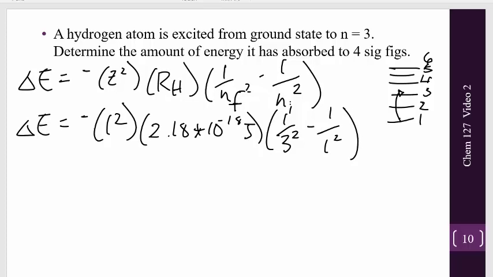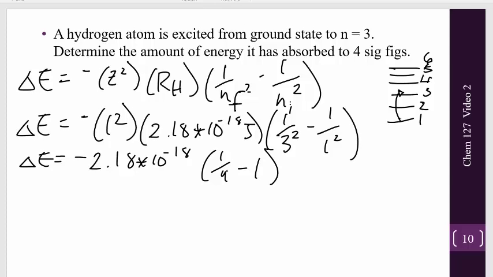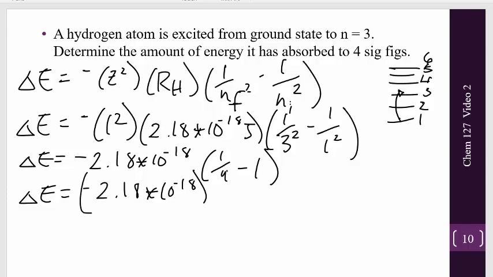So we can start to simplify this equation. And then this quantity, the 1 over 9 minus 1, works out to be negative 0.8 repeating.